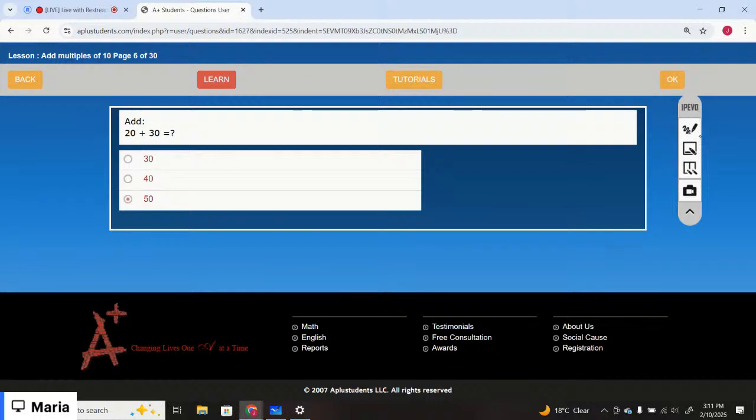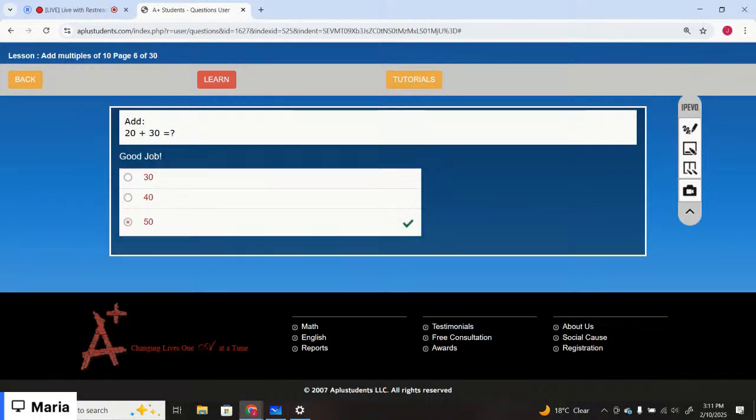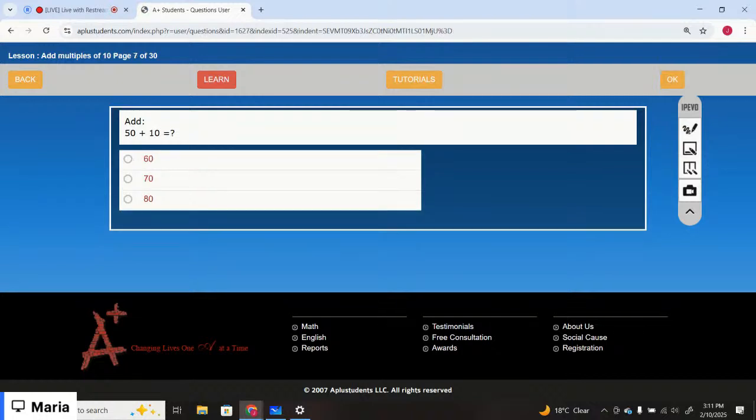Option number 3 is the correct option. 50 plus 10, which is the correct option?